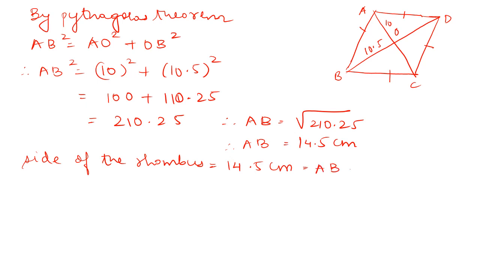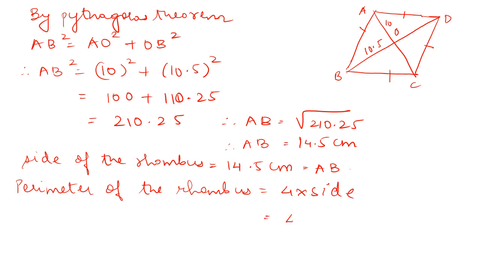Okay. So as I said, all the sides of the rhombus are equal. So the perimeter of the rhombus would be 4 into side. So that is 4 into 14.5, which is equal to 58 centimeters.